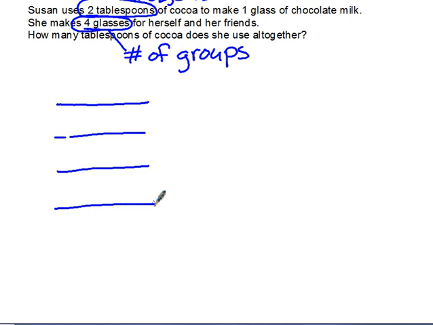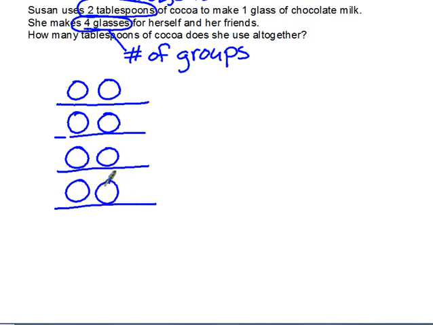The number of objects is how many go into each row. Students, pause the video, finish the array. Okay, so now when they did that, we have it all set up so that they have their 4 rows or their 4 groups, and there are going to be 2 tablespoons in each group or in each row.